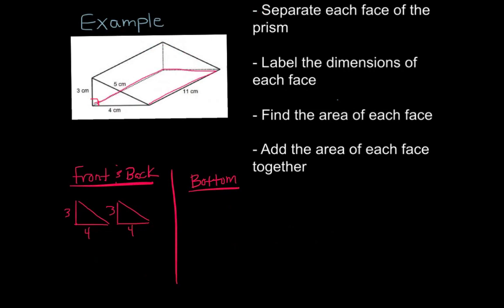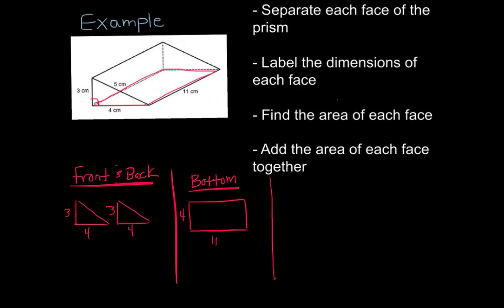I'm seeing that as the bottom, and I can see that that's a rectangular face, and my dimensions are 4 centimeters by 11 centimeters. So let's go ahead and draw that down here. We have 4. I drew mine a little differently than the picture, and 11. And now we just have one of those faces that have that as a dimension.